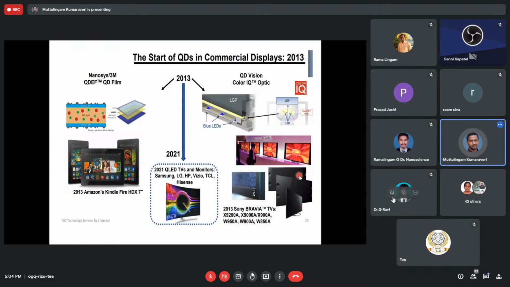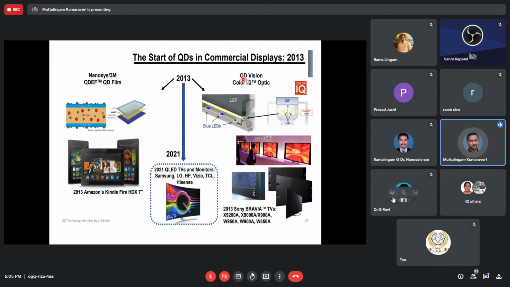It's 2013. This is the first display they made. What they used was Nanosys quantum dots and a 3M barrier layer. The producers collaborated and made the quantum dot enhanced film. They made the 7 inch Amazon Kindle using this color filter.